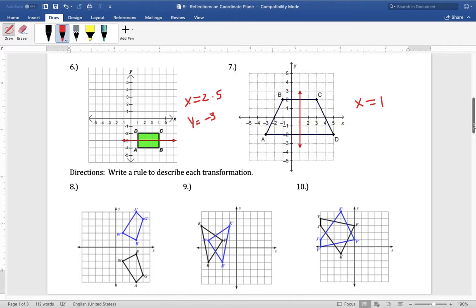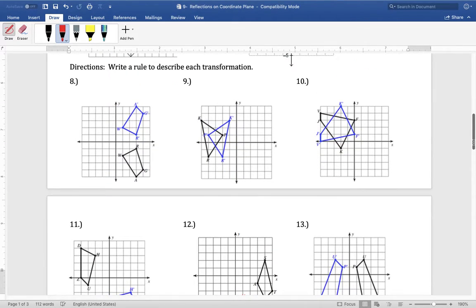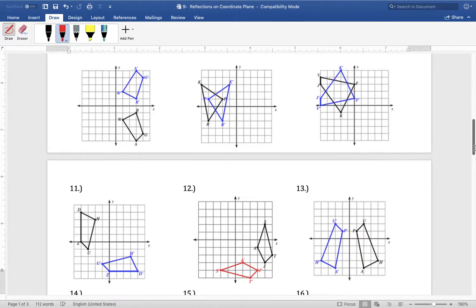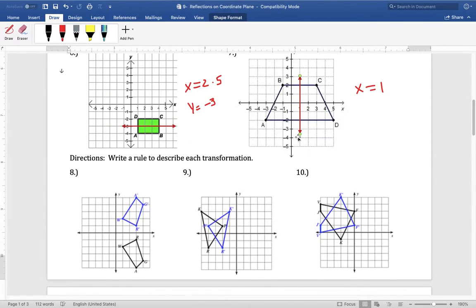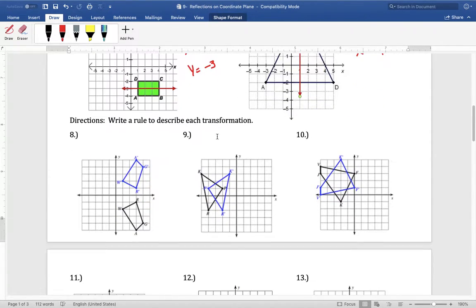Okay, next section, it says write a rule to describe the transformation. So these are all reflections that we're looking at today. I'm going to type this out, make it a little easier when I go to give you the answer so it doesn't look so messy.